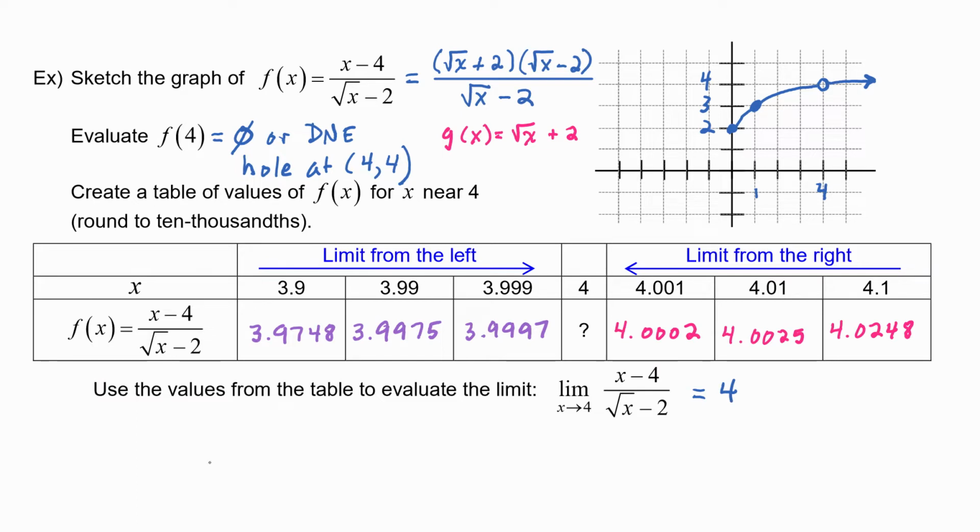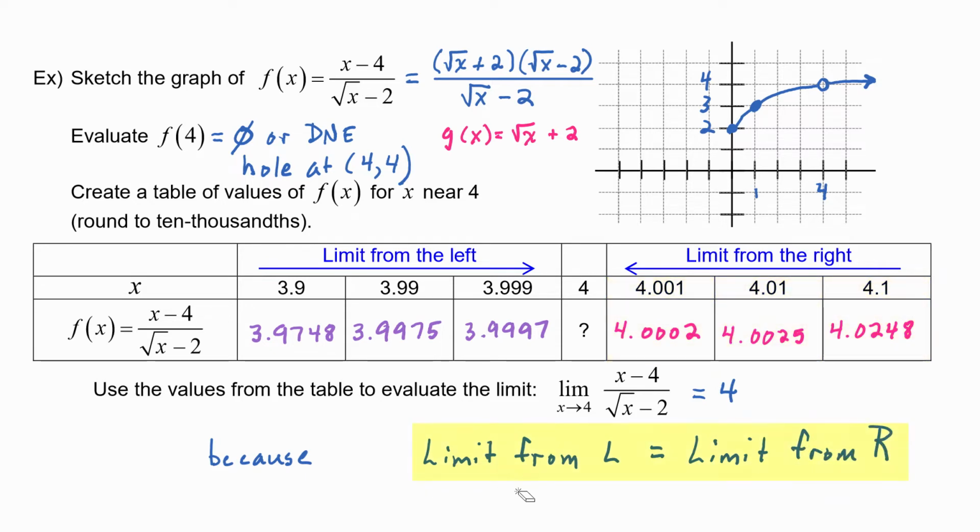And that's because we see that the limit coming in from the left was 4, and that's exactly equal to the same value we get for the limit coming in from the right. It's also 4. When the limit from the left is equal to the limit from the right, then the limit exists and is that same y value that you found coming in from both directions.